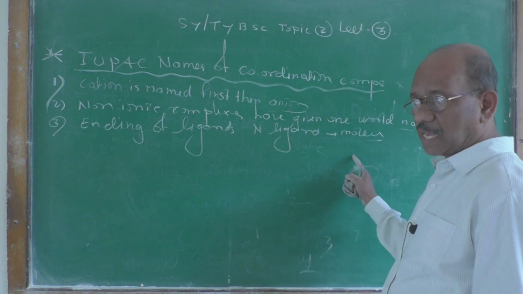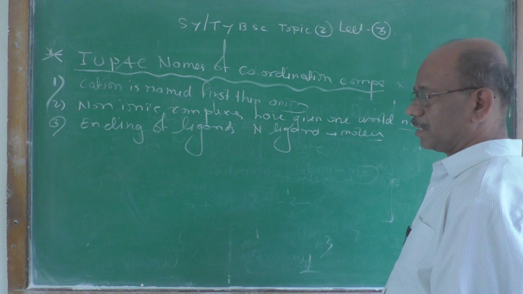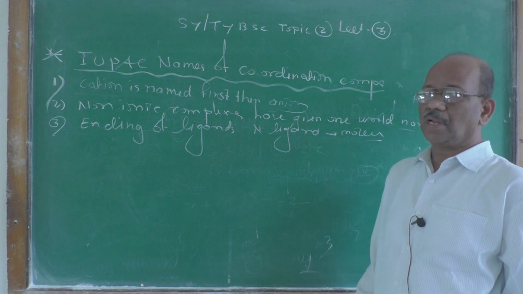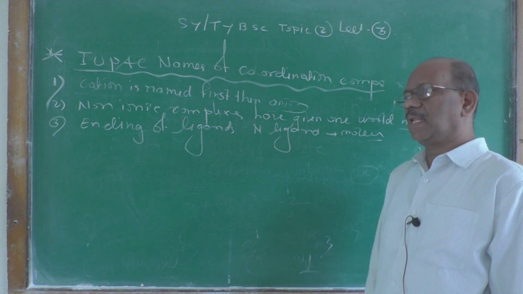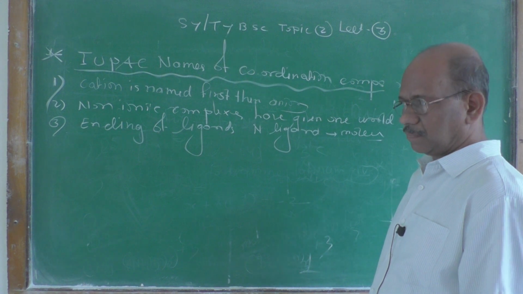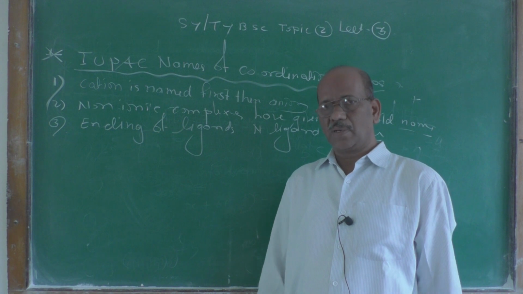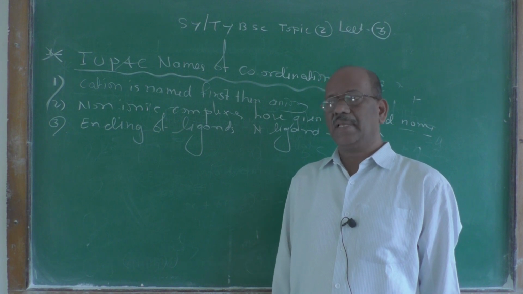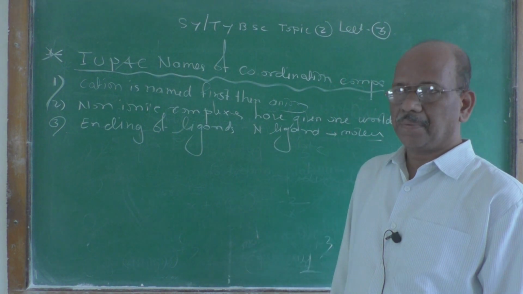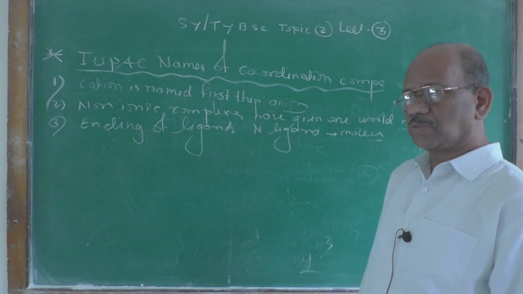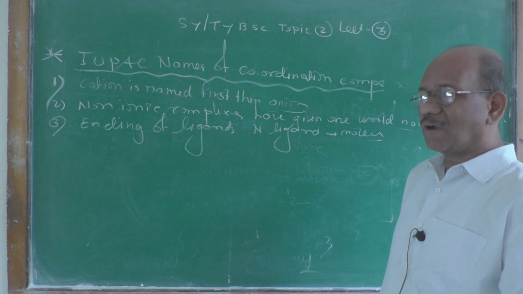Some exceptions are there, like NH3. It is neutral, but in nomenclature it is called ammine. Then H2O, it is water, but if it is a ligand, it is called aqua. Then carbon monoxide, it is called carbonyl.